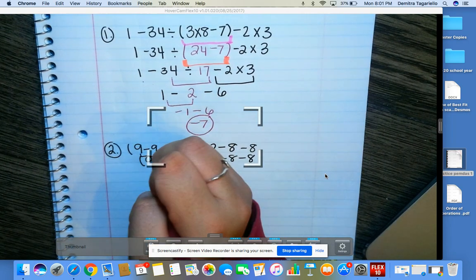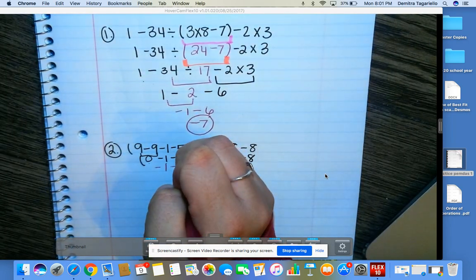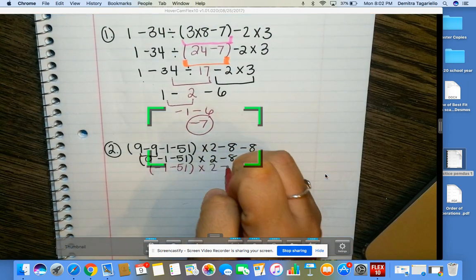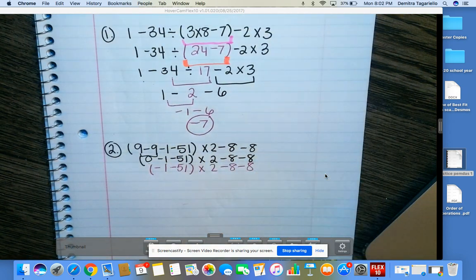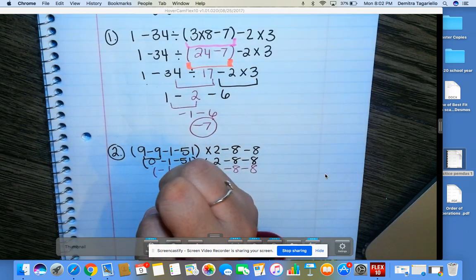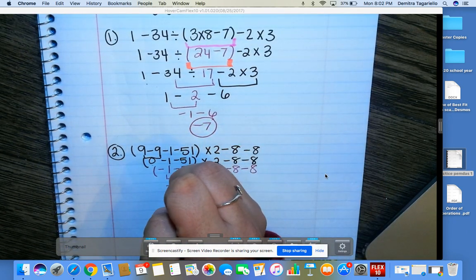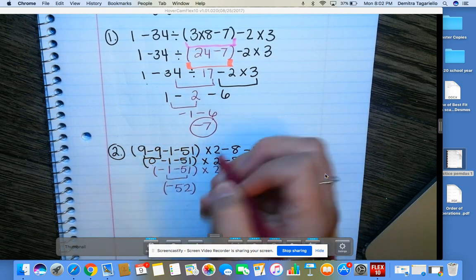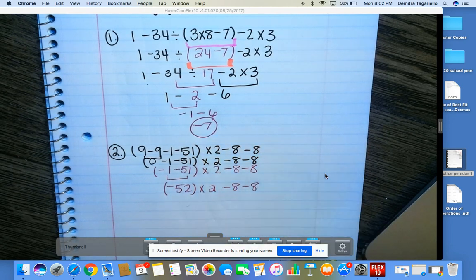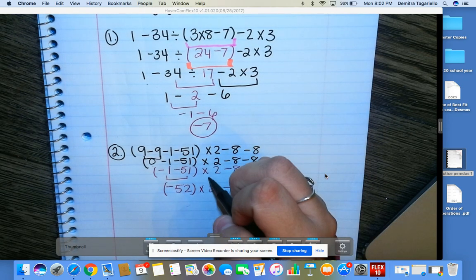So let's do this right here. 0 minus 1 is negative 1, and I'm going to keep that in parentheses, times 2, minus 8. These two combined, if you put it into a calculator, would be negative 52, okay, times 2, minus 8, still bringing everything down.